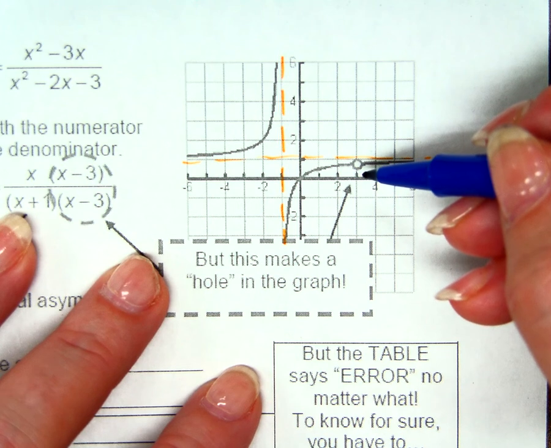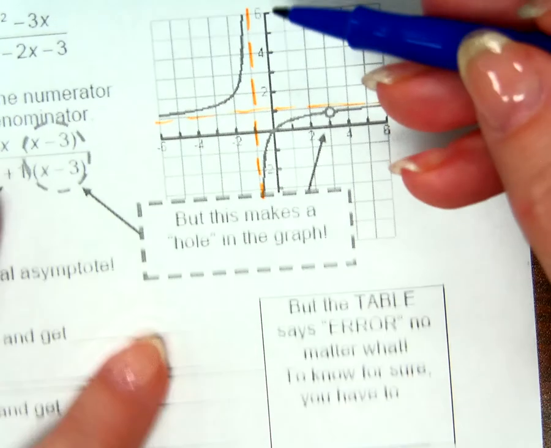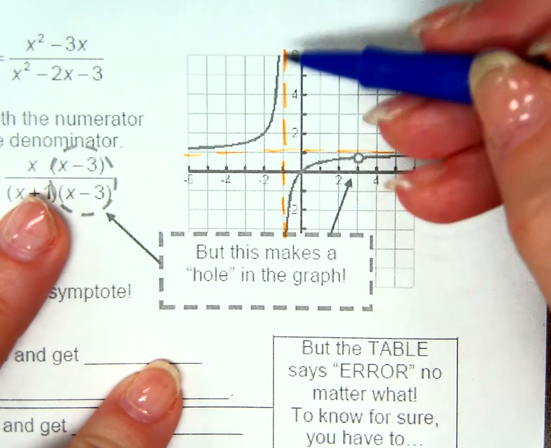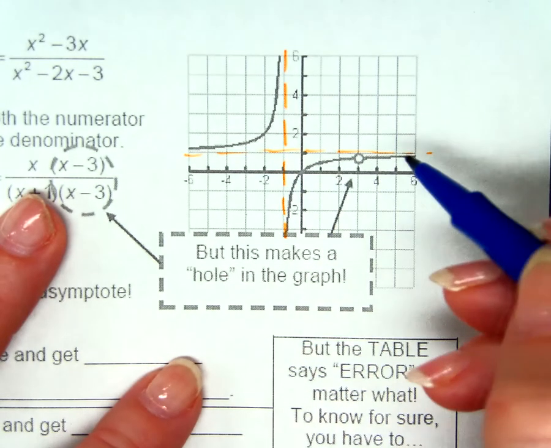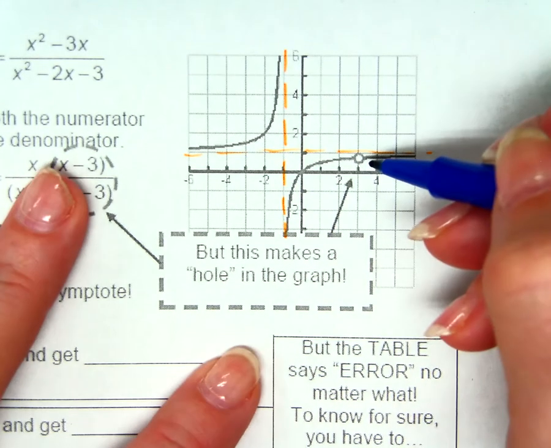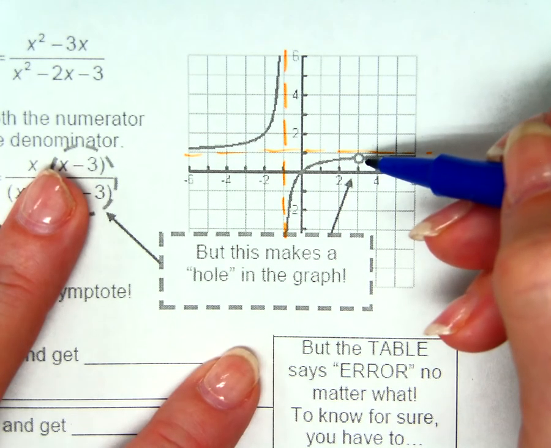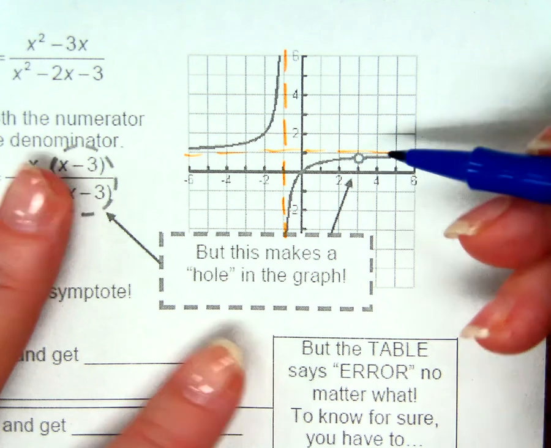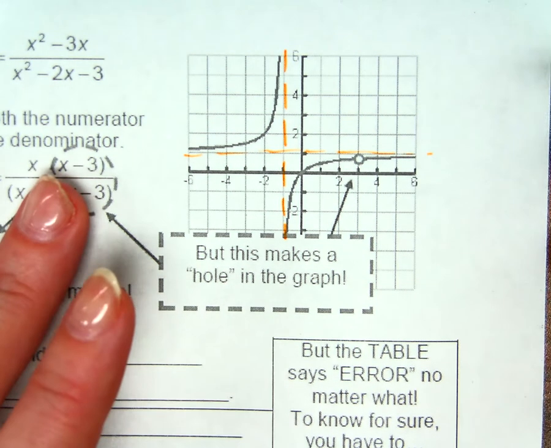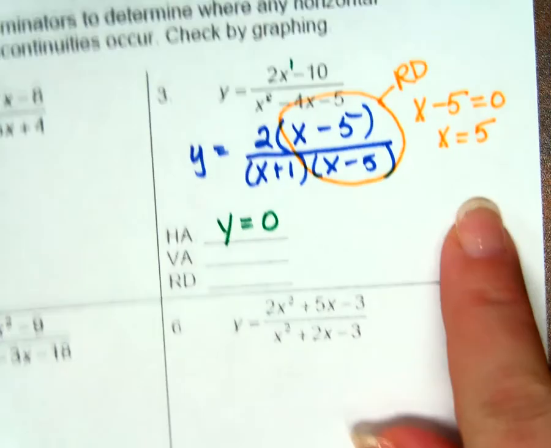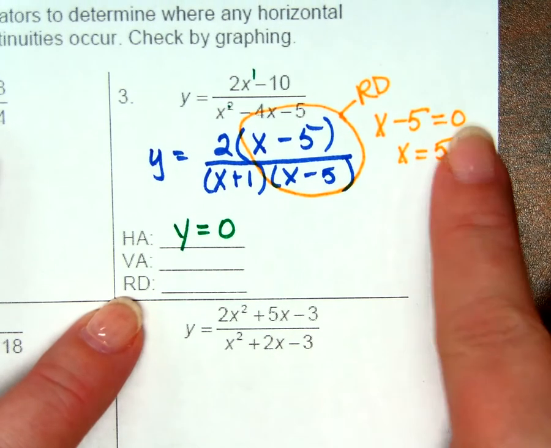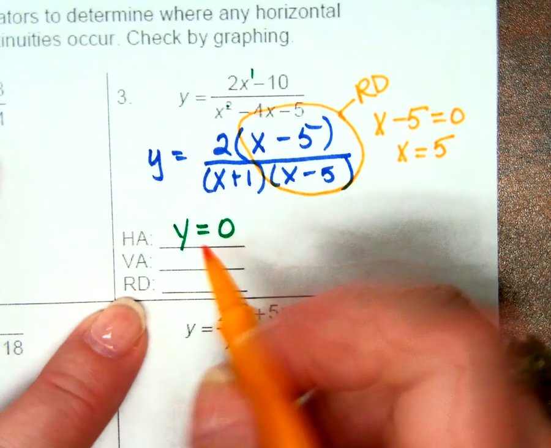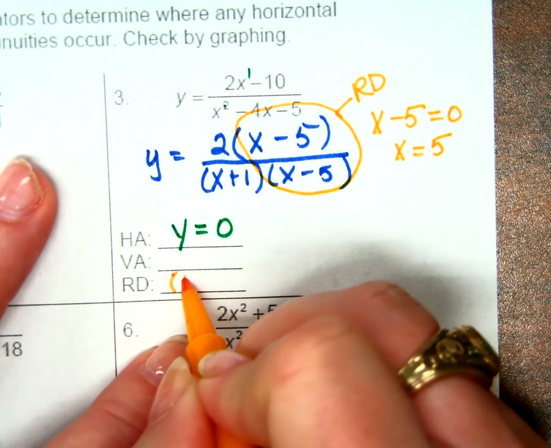An asymptote, we know there's nothing there, but we represent it with a line. A removable discontinuity is a hole. It's not a line. Nothing's there, but we represent it with a point. So I can't just write x equals 5 for my removable discontinuity, because that implies it's a line. I have to write it as a point.